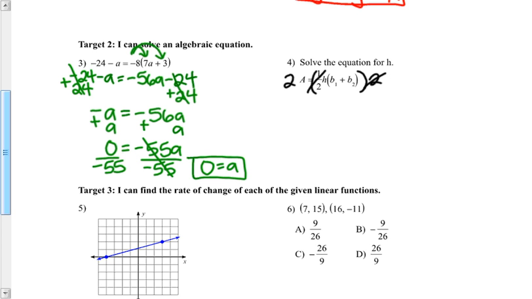And 1/2 times 2 is actually 1, so those just cancel out. So now I have 2a equals h times b1 plus b2. Remember, these parentheses mean times, so I'm multiplying the h times the sum of those b's. To break that up, I can just divide by b1 plus b2 on both sides.